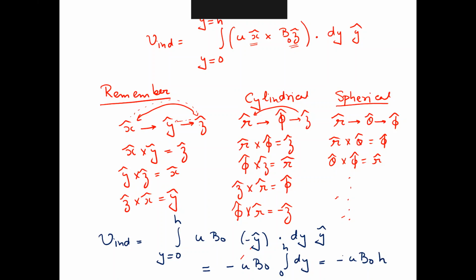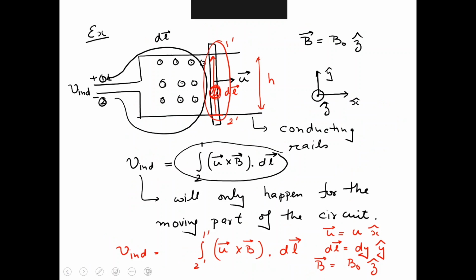What this is telling me, again, reminding you of the discussion yesterday, is that this negative means the V induced is actually in the opposite direction of what I had assumed. In this calculation, V induced is negative on terminal 2 and positive on terminal 1, so that if I have a load attached, the current in the load would start flowing this way, and my circuit will continue to flow out of that direction.